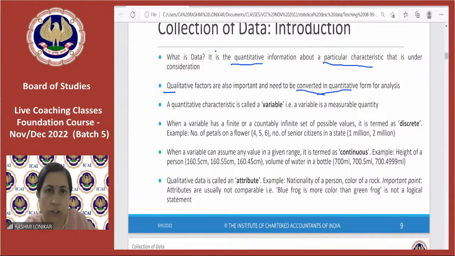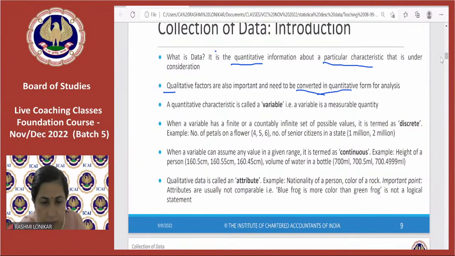In that case, beauty, which is an attribute, is converted into quantitative data, and then we collect information. Judge 1, judge 2, judge 3 give the marks, and then that information is analyzed. So qualitative characteristics are to be converted into quantitative, and then they will be used for analysis.